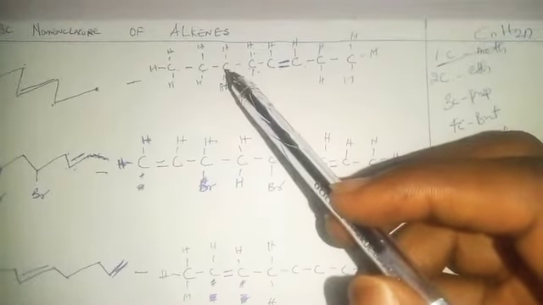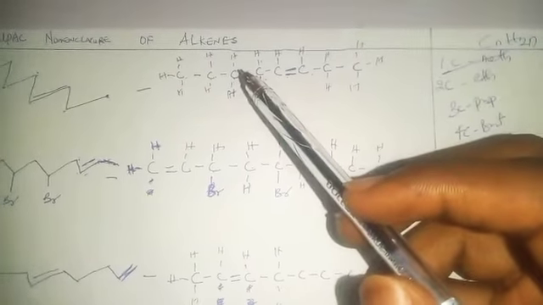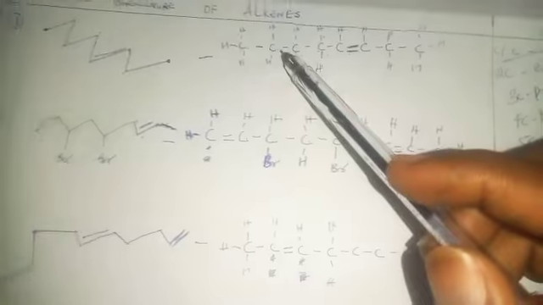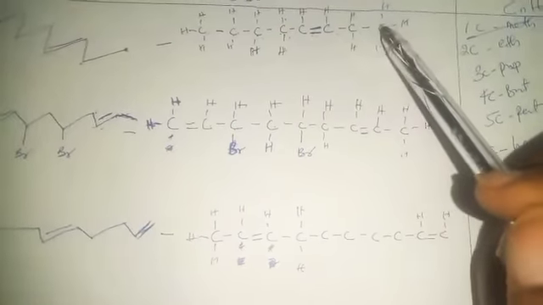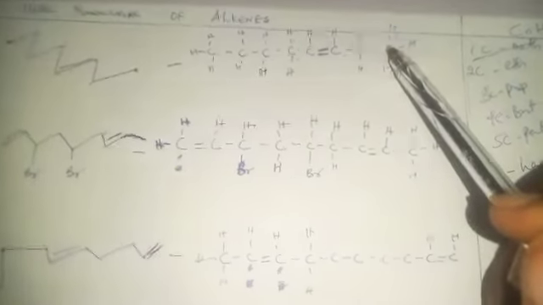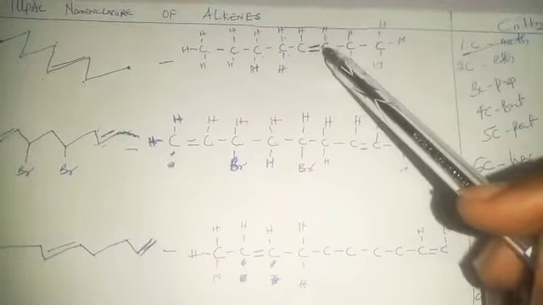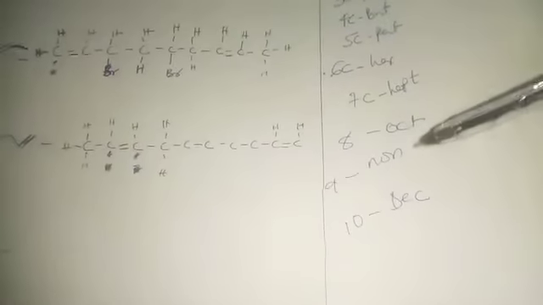Here, the first thing we do is count the number of carbons. We have to find the longest carbon chain, like I always say. If you count here, 1, 2, 3, 4, 5, 6, 7, 8. We have 8 carbons. Let's go again. 1, 2, 3, 4, 5, 6, 7, 8. So when you have 8 carbons, what would you call it?